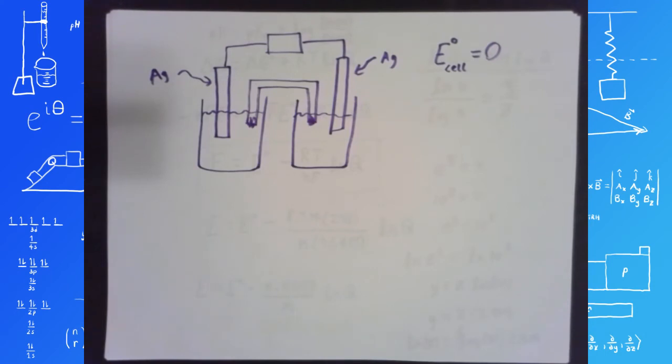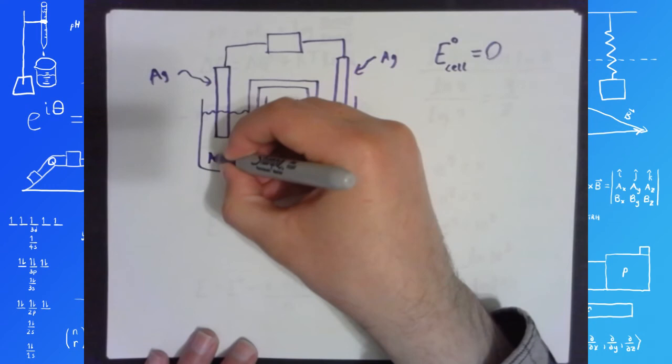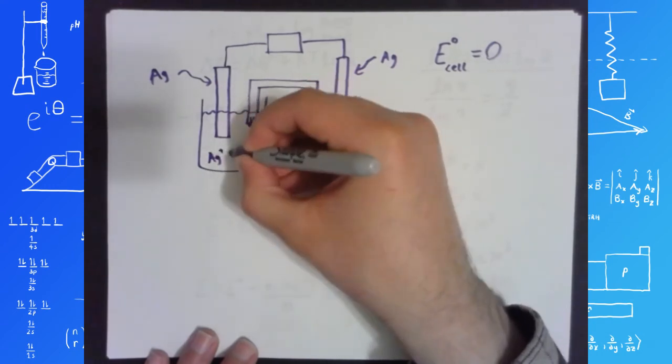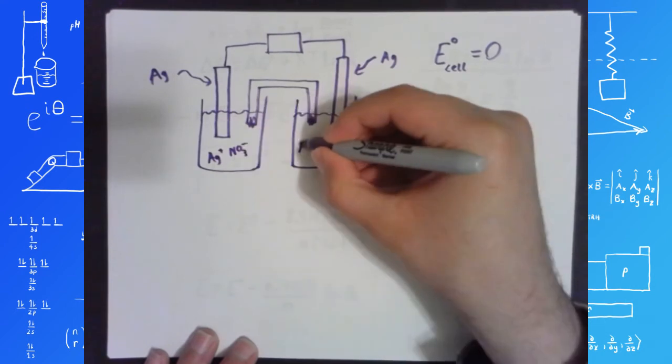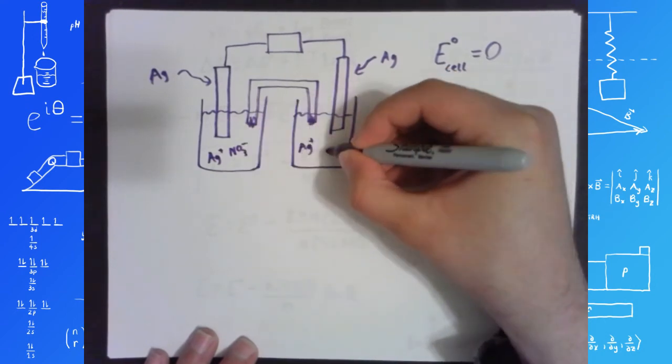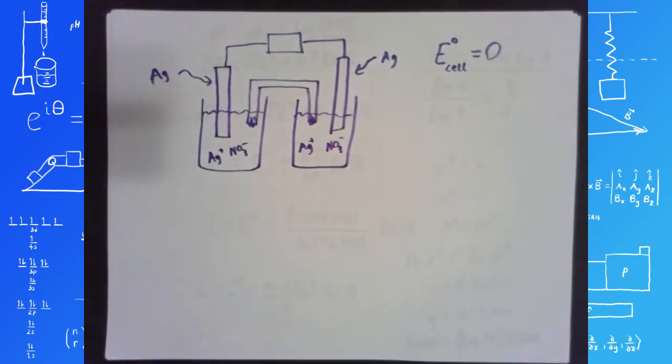How can I still make this work? Simple. By making sure the concentrations of, let's make it silver nitrate, in the two chambers are different from one another.